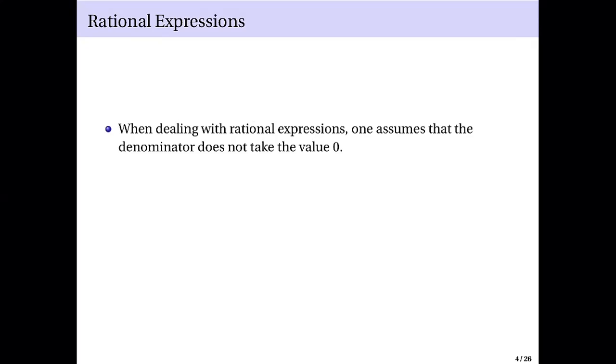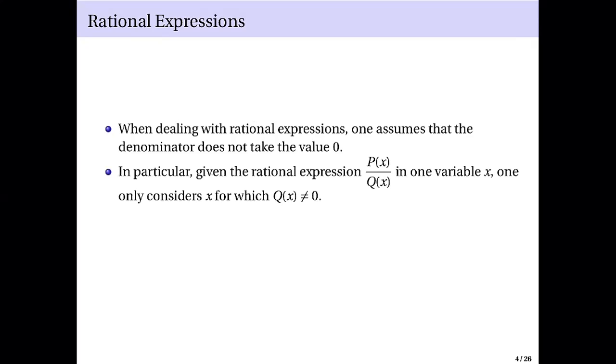The variables can assume some number, and therefore the denominator will assume some number, and we don't want that number in the denominator to be 0. In particular, given the rational expression p of x over q of x in one variable x, one only considers x for which q of x is not equal to 0. Okay?